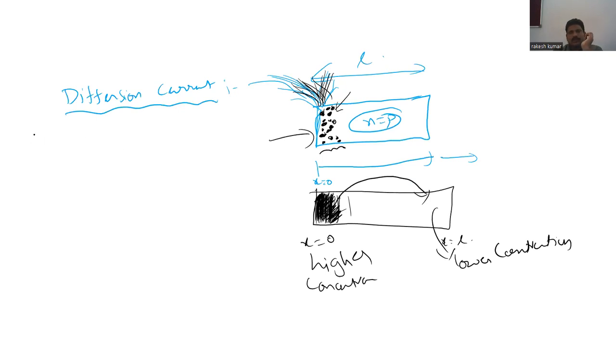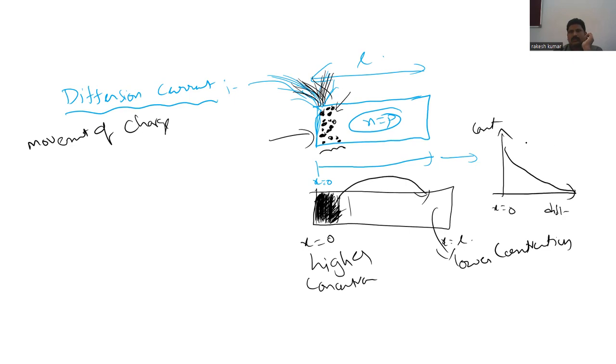If I draw this diagram, on the x-axis is distance and on the y-axis is concentration. At x equal to 0 there is higher concentration, and laterally the concentration reduces. Since the concentration is higher there, repulsion takes place after some time, and the charge carriers start moving from higher concentration to lower concentration.